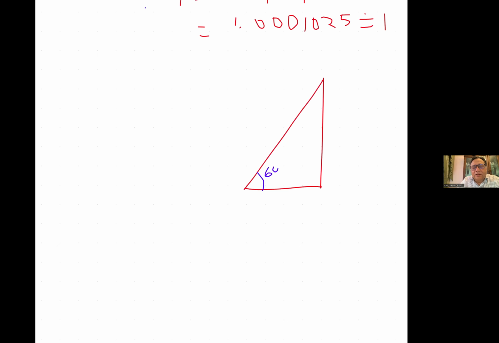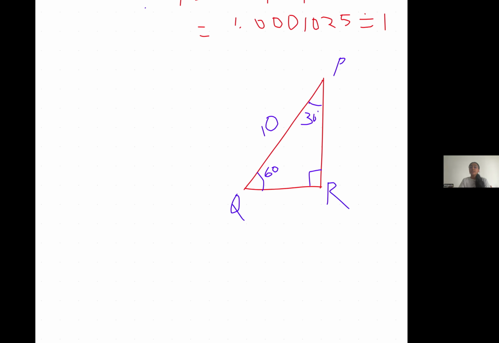And now if I place the hypotenuse as, let's say, 10, can you tell me? Let me just label it as PQR, okay? So it is not necessary to always label the triangle as ABC, right? It could be anything you like. Okay, great. So now, if I know that PQ is 10, what is QR?